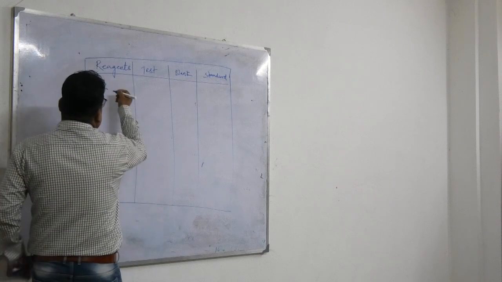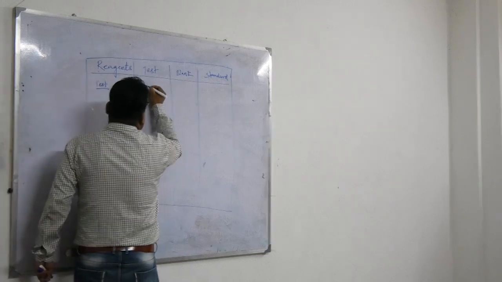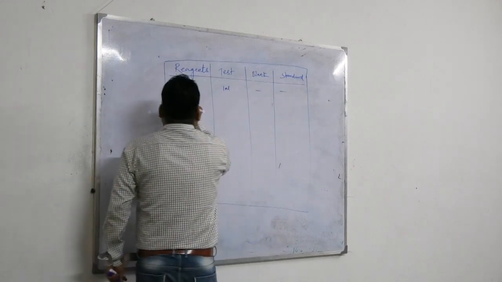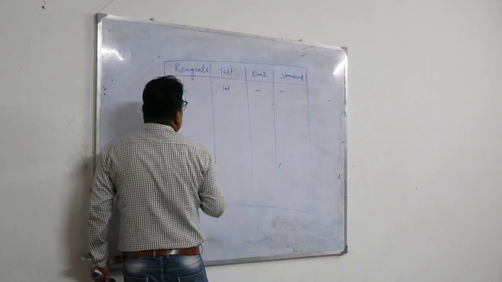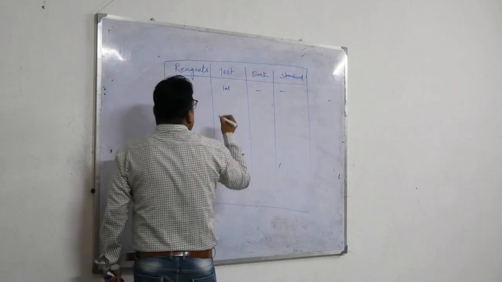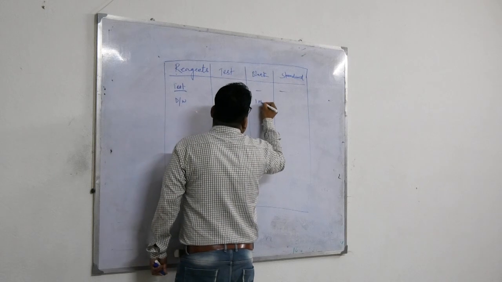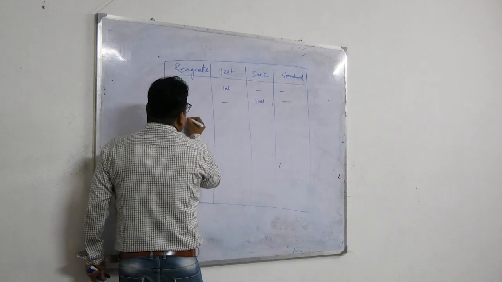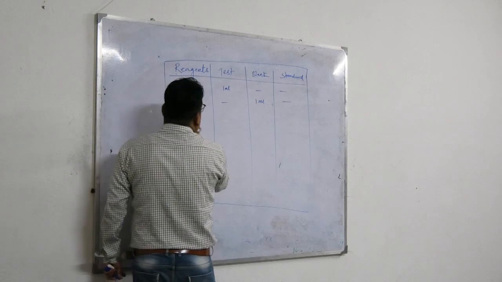So firstly we use test tubes. In the blank we first add 1 ml distilled water. In which test do we add distilled water? Blank. Our standard is 100 mg per dl.